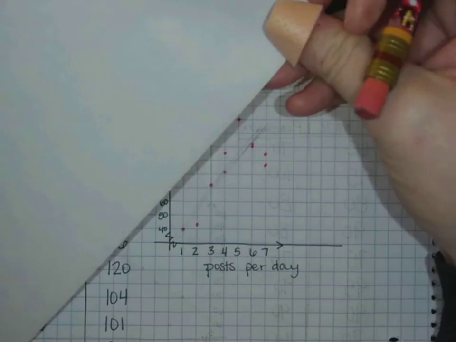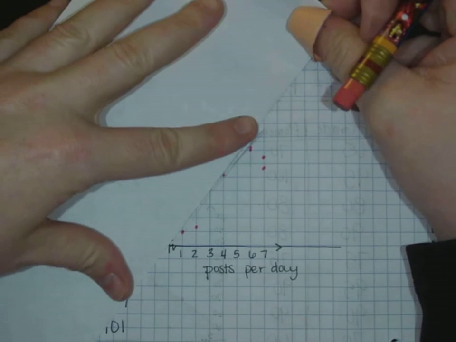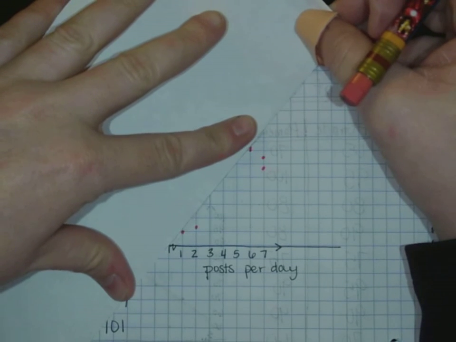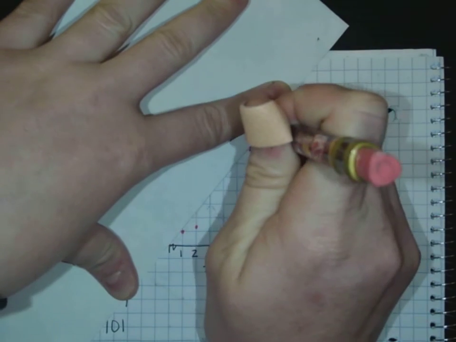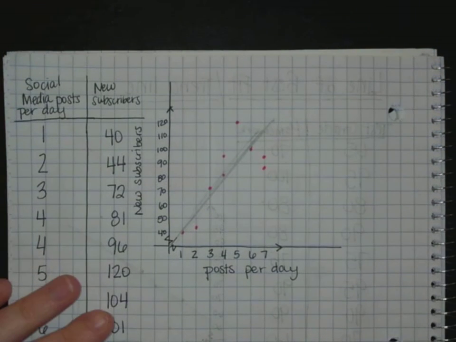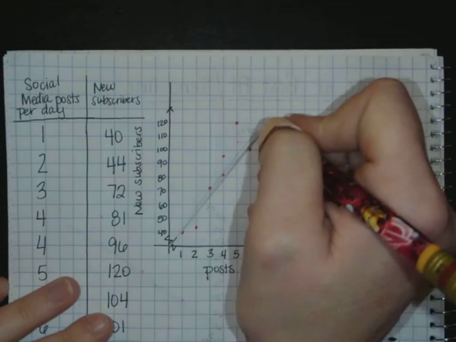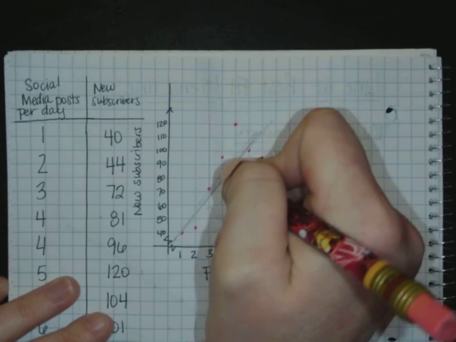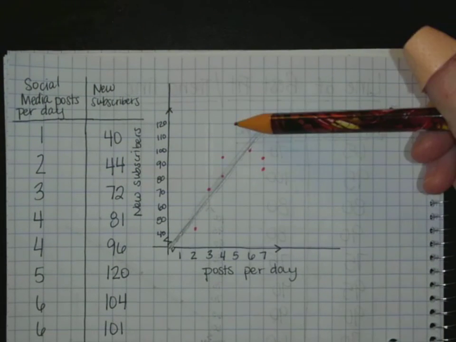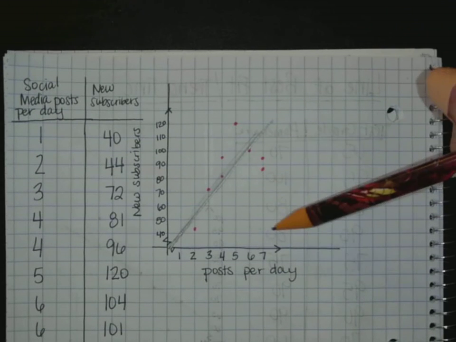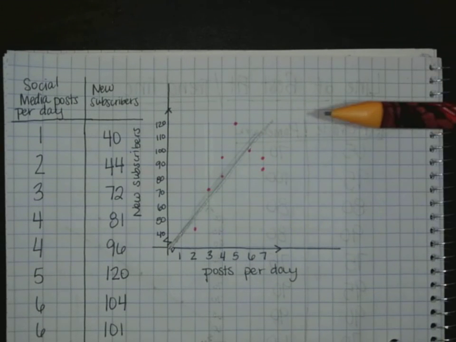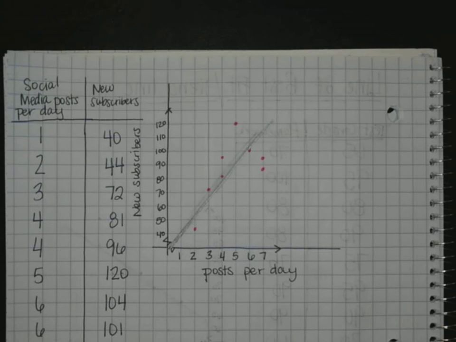So again, it's not a perfect science, which bothers some people, but we're doing the best we can, or you're just drawing it the best you can. So I'm going to draw my line. And even then it's got a little bit off, but notice 1, 2 that are kind of far above, and then 1, 2 that are kind of far below. This one's pretty close, this one's pretty close, so you don't have to count those.